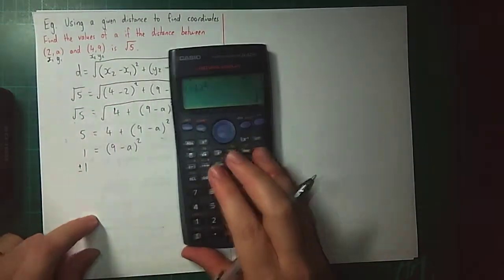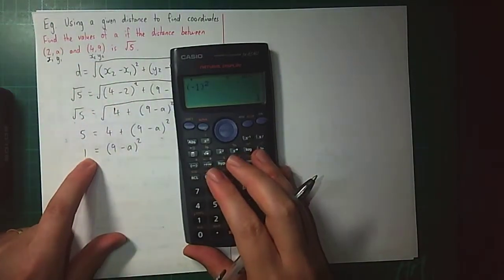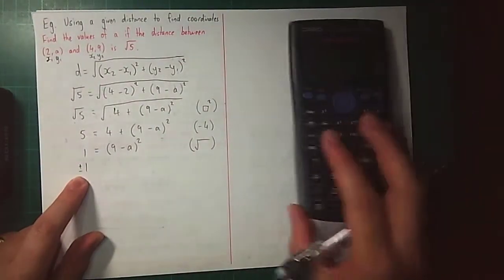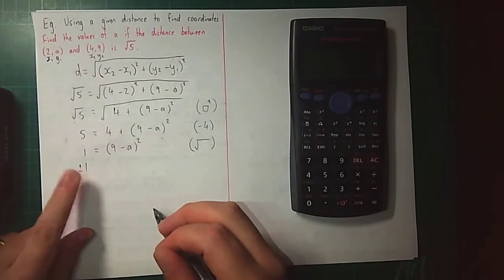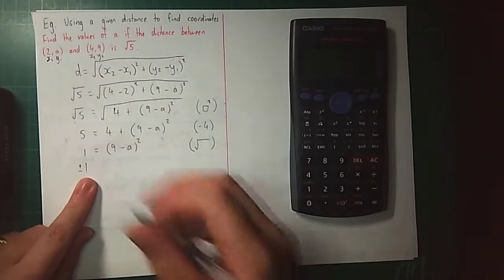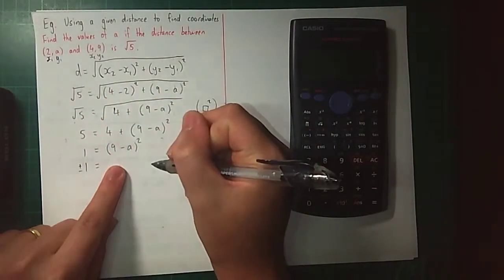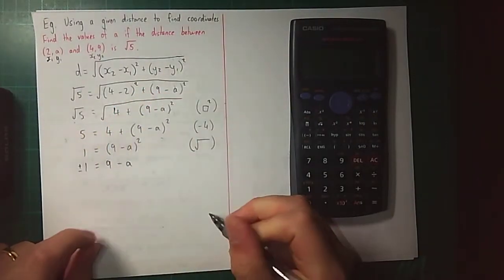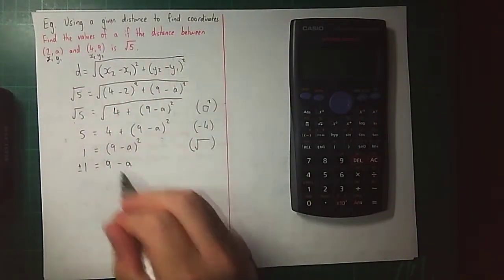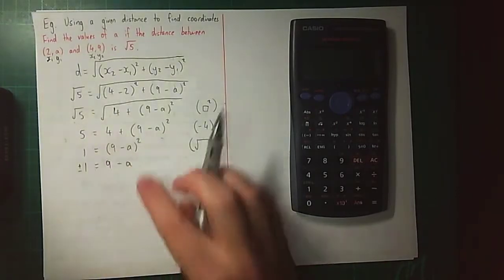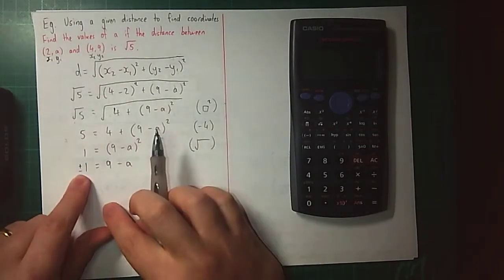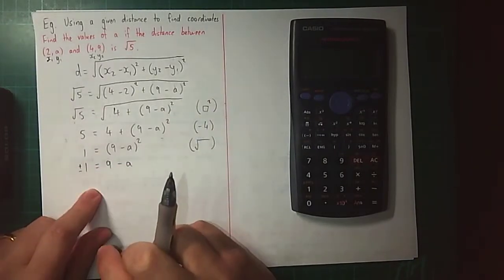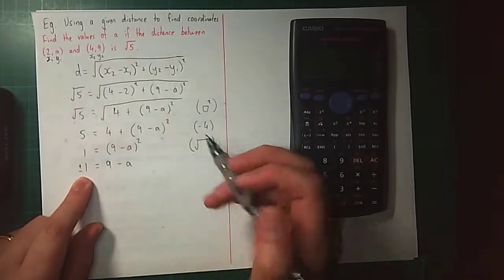So when we're taking it from 1 and square rooting it, we don't know if we're going to be making it a positive 1 or a negative 1. And as that's the case, we have to assume it's both. So here we've got a positive and negative 1. On the other side, we just have our 9 minus a, just getting rid of that squared. If you were squaring this on its own, you would still have to do this. But when it's in an equation, you only do it to one of the sides. So in this case, I've done it to the 1.